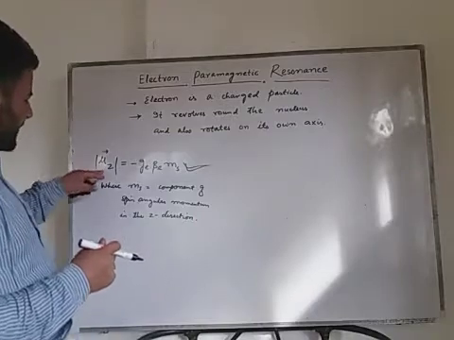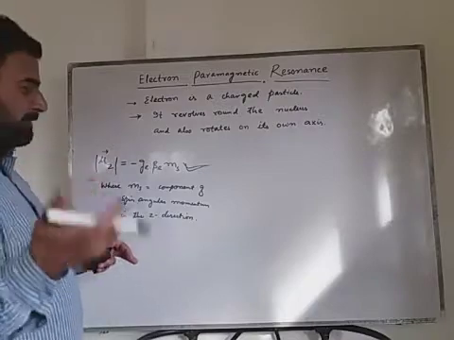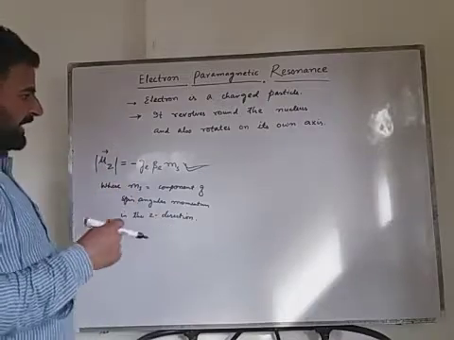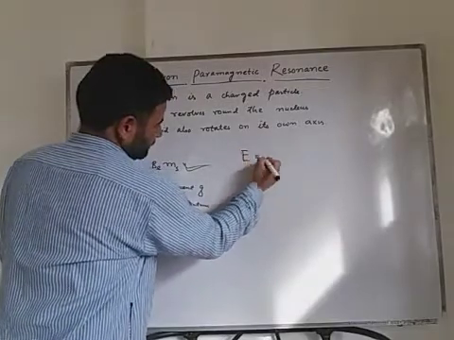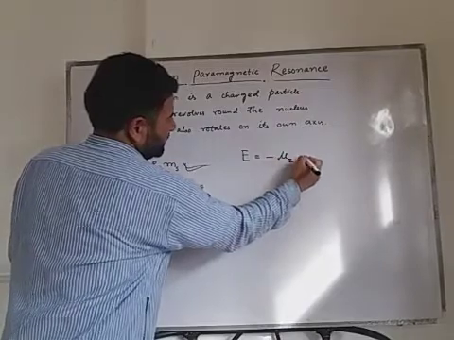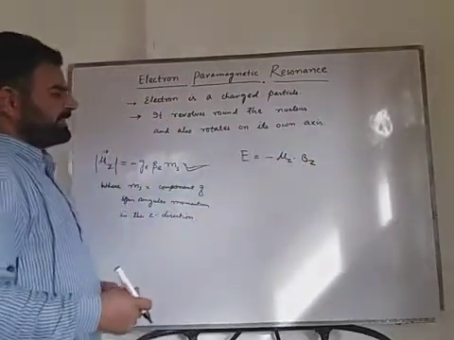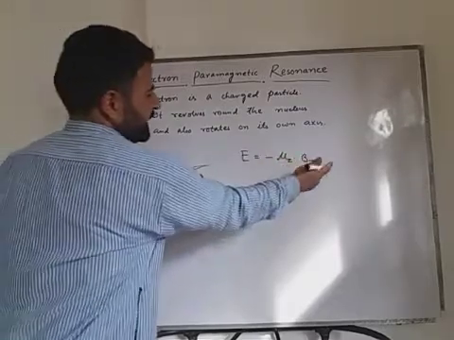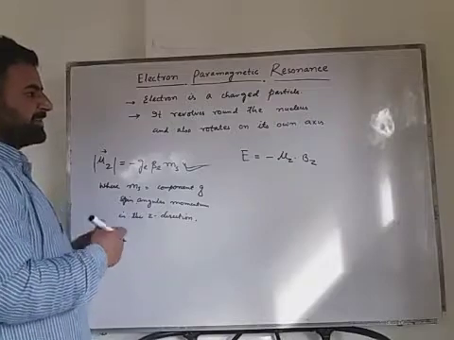This spin magnetic moment will interact with the applied external magnetic field, and the interaction will be given by E is equal to minus mu z into Bz, where mu z is the spin magnetic moment in the z direction, multiplied by the applied magnetic field, which is also applied in the z direction.